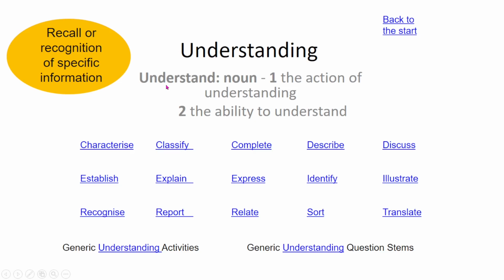Mostly we use the verbs characterize, classify, complete, describe, discuss, establish, explain, express, identify, illustrate, recognize, report, relate, sort, and translate. And keep in mind, most of the verbs in our questions come from the understanding level.